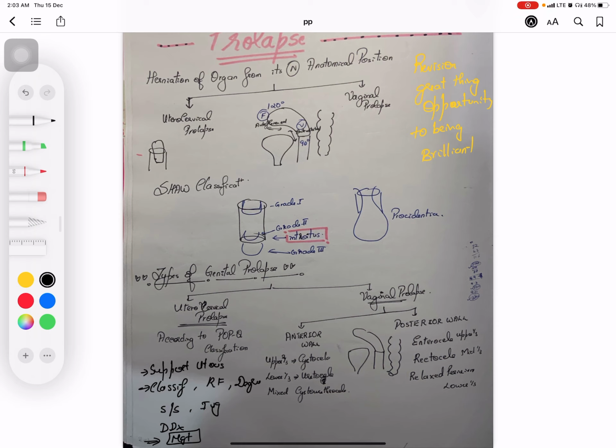Apart from this, we're also going to separately see Fothergill's operation. We're going to see vaginal hysterectomy.